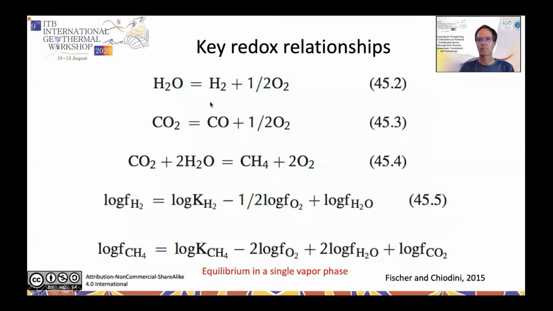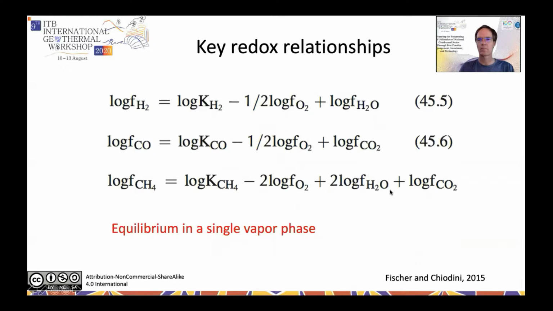Water going to hydrogen and oxygen, CO2 going to CO and oxygen, CO2 and water going to methane and oxygen. So those are some key reactions of the hydrogen and carbon gases. And for each of these, we can write an equation that involves the equilibrium constant. So in this case, we consider equilibrium in a single vapor phase.